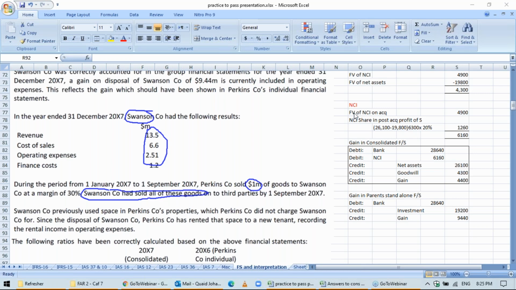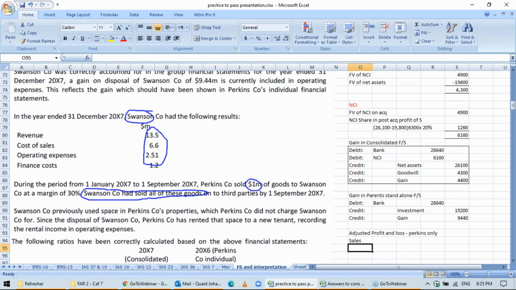Okay, so let me make the working. I'm making adjusted financial statements, adjusted profit and loss, Perkins only. So we'll be having first sales in it.